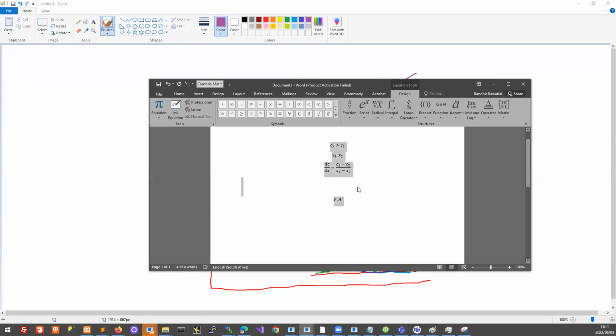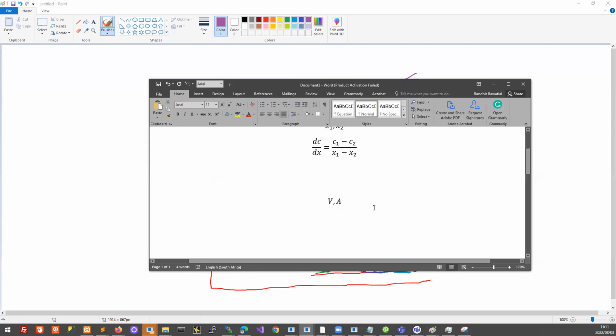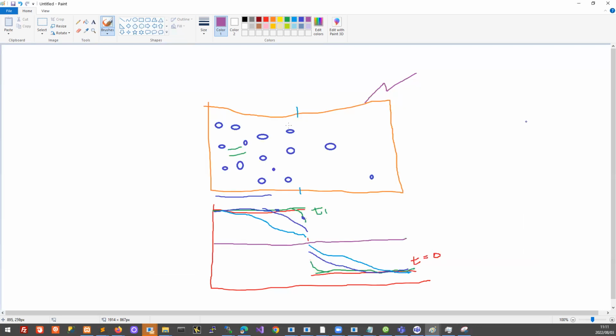So A is the interface area. And that's another thing to watch out for in this course. You have to be quite precise about what area and what volume you are referring to. So, for example, the volumes of the two cells could have been different. And also the areas, there are multiple areas to think about.